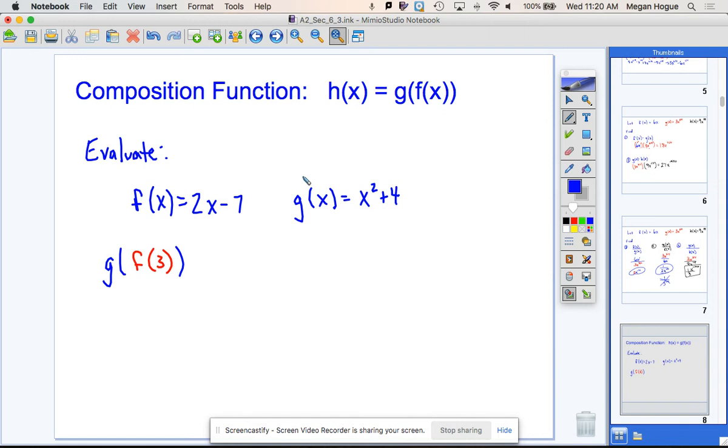So the way we read it, I put it underneath there as well. We read it g of f of x. Every time we see one of these parentheses, we say the word of. So like this right here, I say g of f of 3. Or if I write something like this, I say f of g of 2.